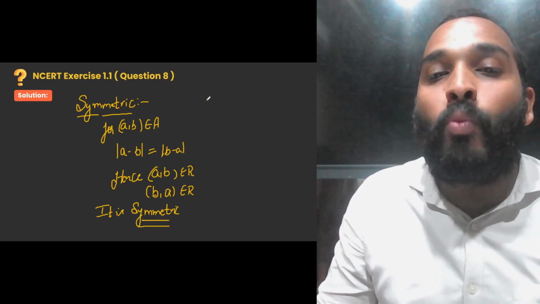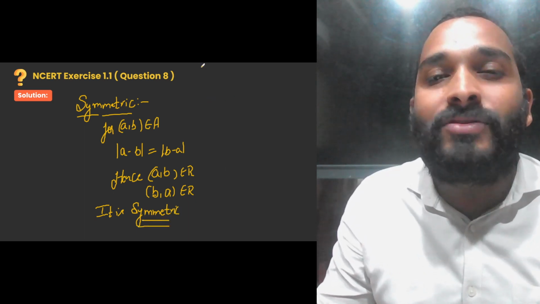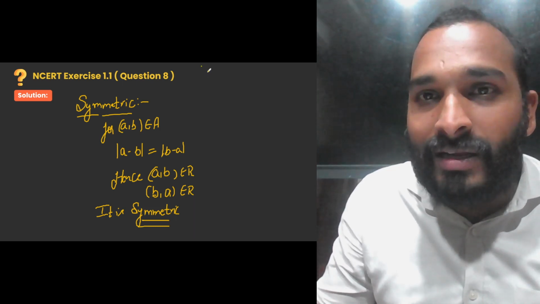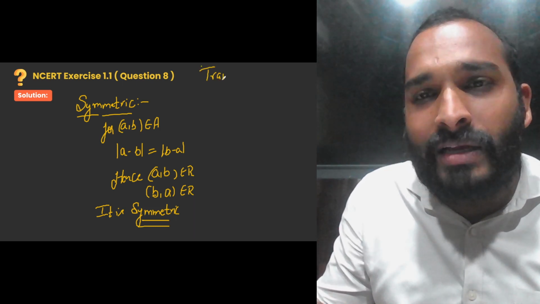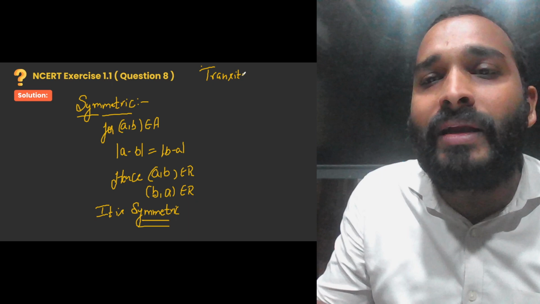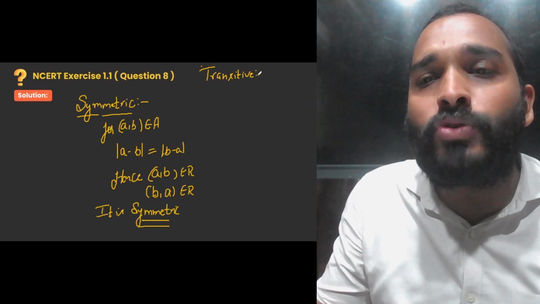Yes. Now once you know it is symmetric, let us try to check whether this relation is transitive. If it is transitive, children, then you can directly write it is an equivalence relation. Yes or no? Yes.